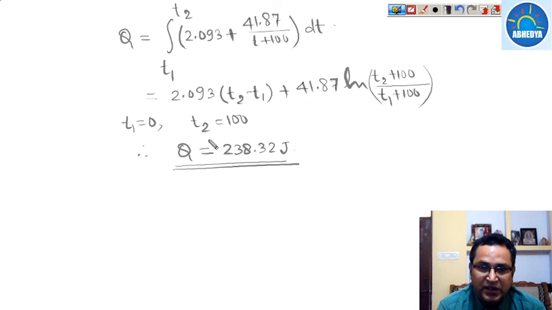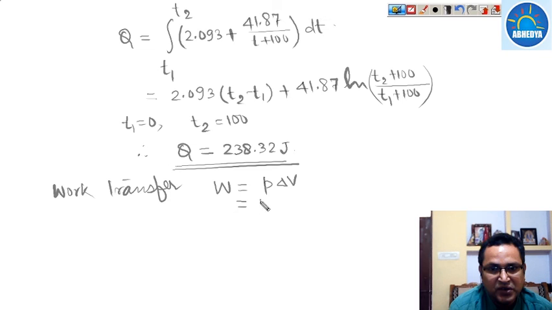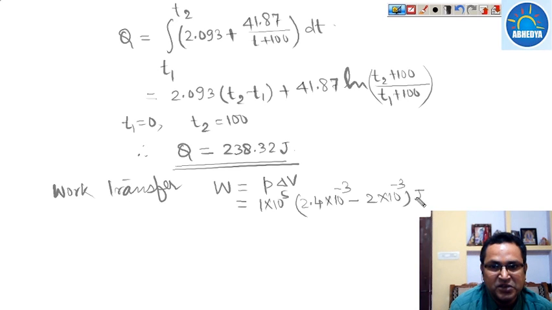At the same time, the piston sweeps from 2000 centimeter cube to 2400 centimeter cube at constant pressure. So the work transfer W is P delta V. What is P? 1 bar, that is 10 raised to the power 5, and delta V is 2.4 into 10 raised to the power minus 3 minus 2 into 10 raised to the power minus 3, in joule.